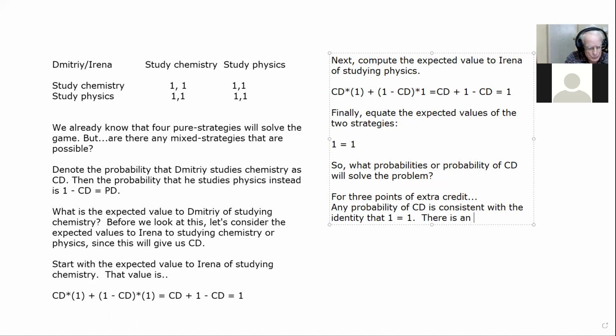There is an infinite number of solutions, and that is the solution to the problem.